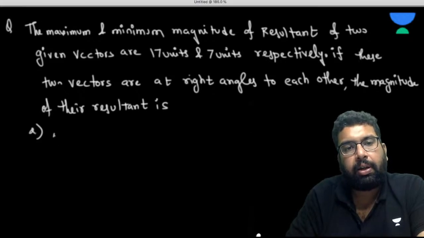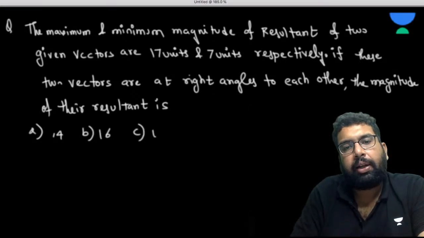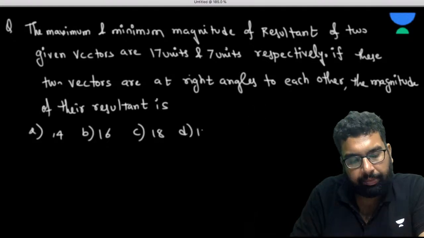A 14, B 16, very simple question. C 18 and D is 30.